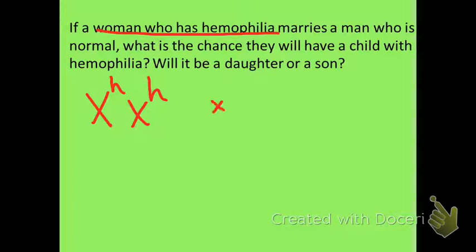We're going to cross that with a man who is normal, so he's X big H and then a Y. He's normal, doesn't have hemophilia, so he has a dominant H on his X chromosome. So let's set up our Punnett square and work this out.